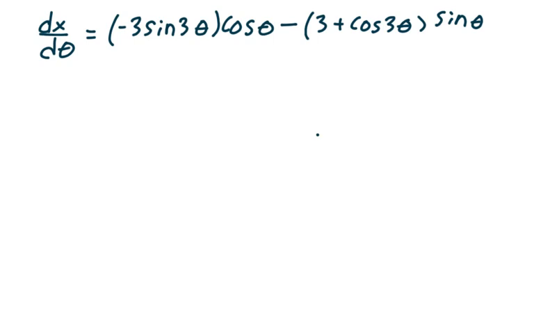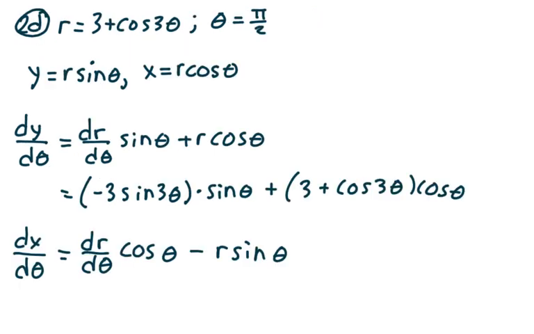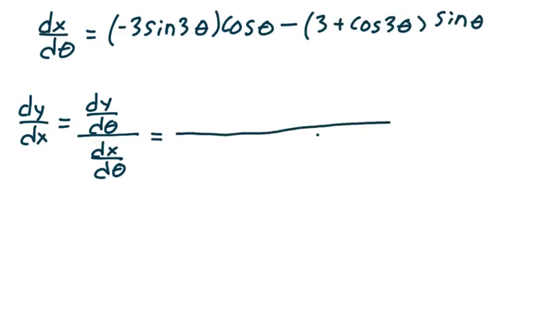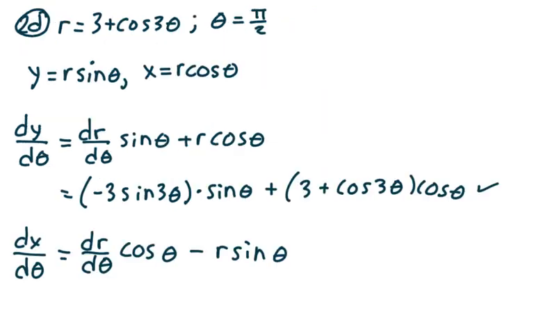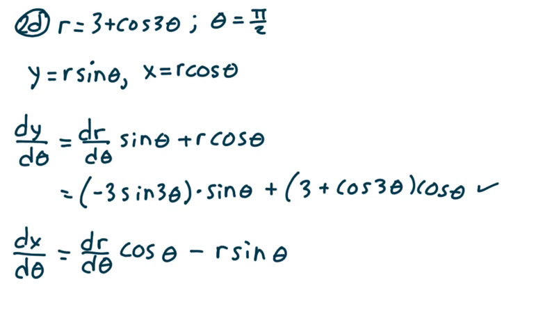Okay. Now, dy/dx is dy/dθ divided by dx/dθ. Now, the numerator is this mess. So I'm going to get the following. Negative 3 sine 3θ, and then I'm going to multiply by sine θ, plus 3 plus cosine 3θ times cosine θ.